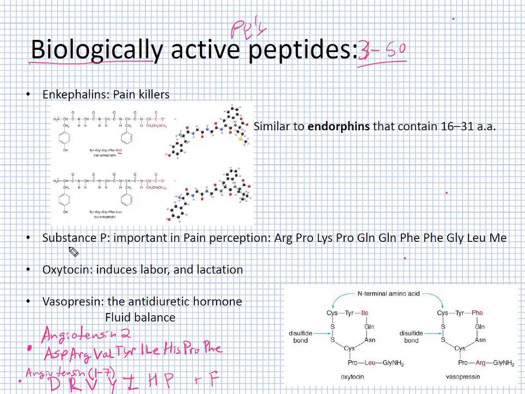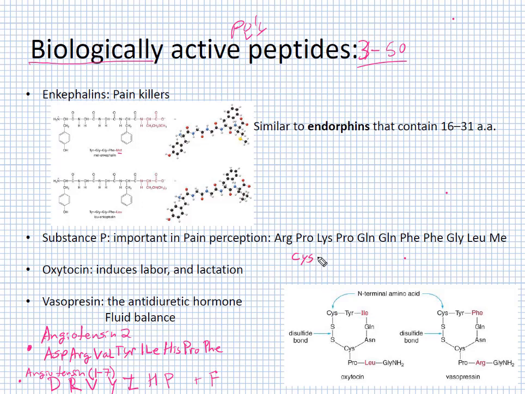Others: substance P. Oxytocin is interesting because it wraps around and forms this ring. If you remember, cysteine, oxytocin contains 2 different cysteines.